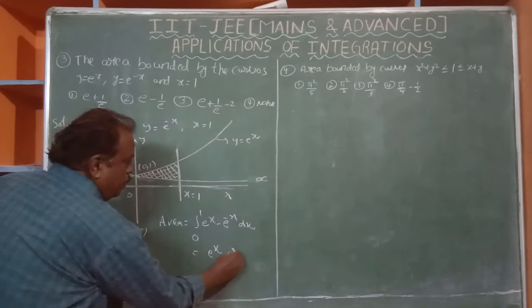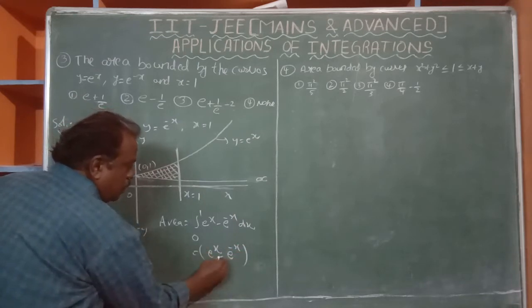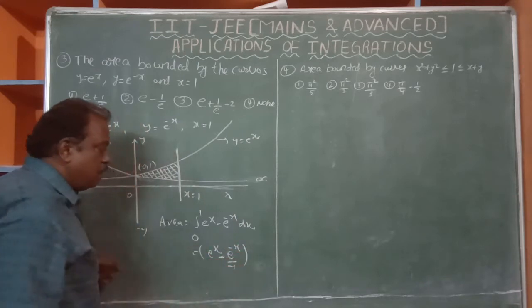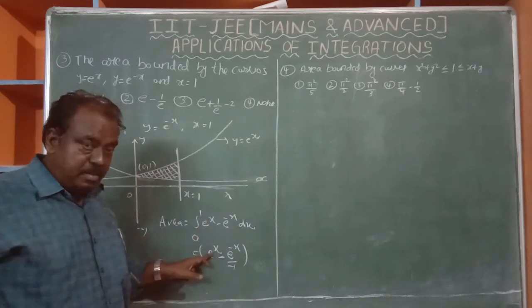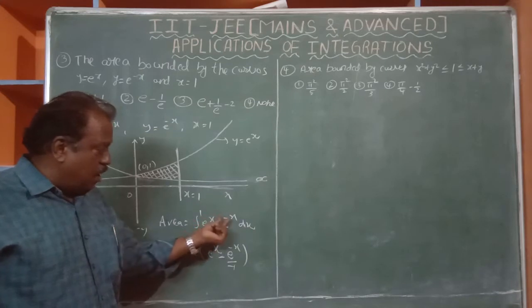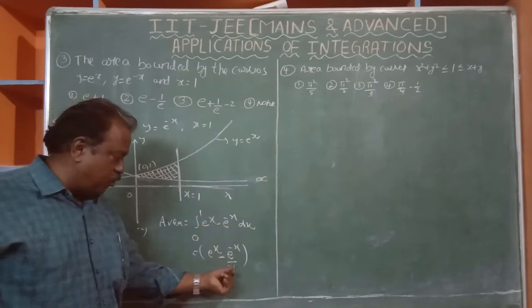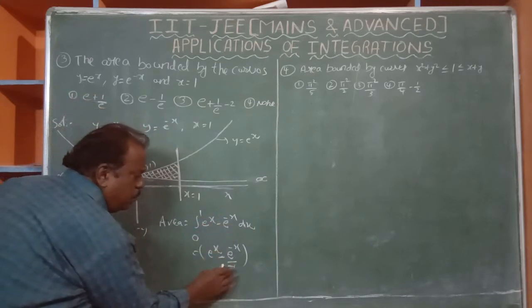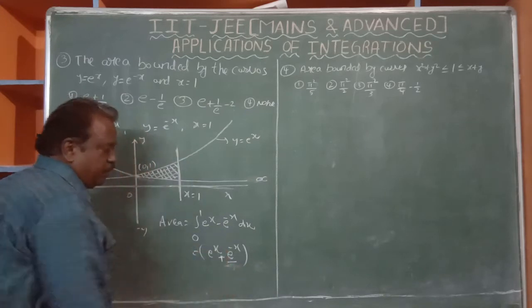With e power x, e power minus x: for e power x, the integration is e power x. For e power minus x, it is e power something, divided by the coefficient of x, which is minus 1, so it may be plus.